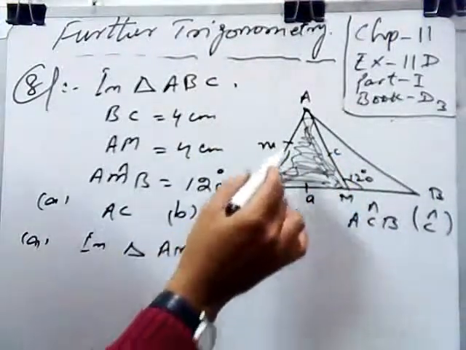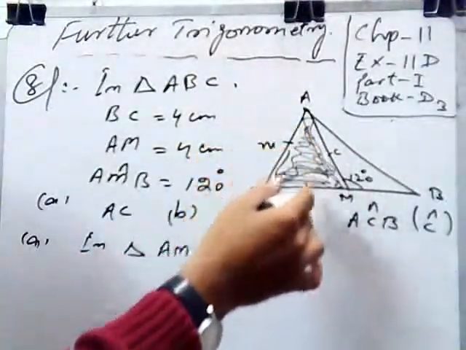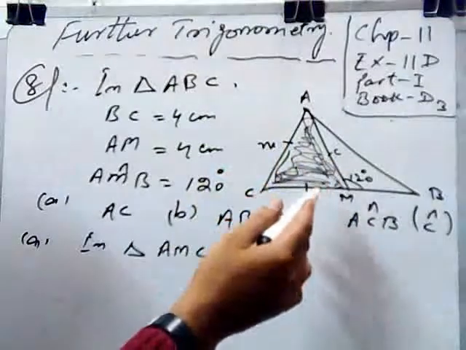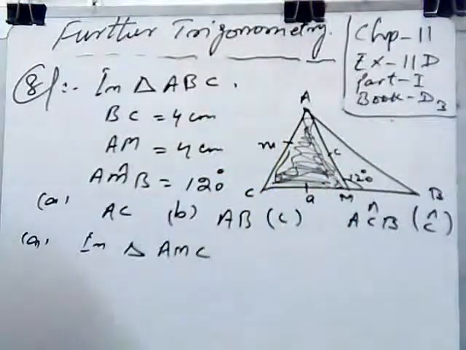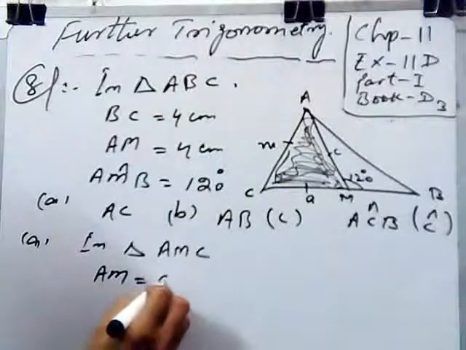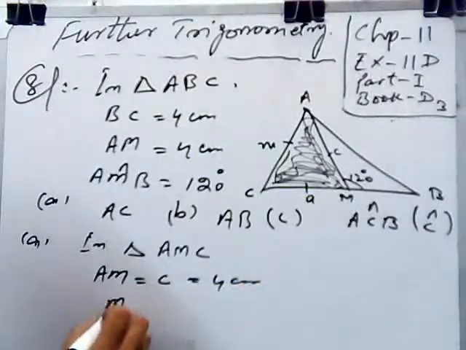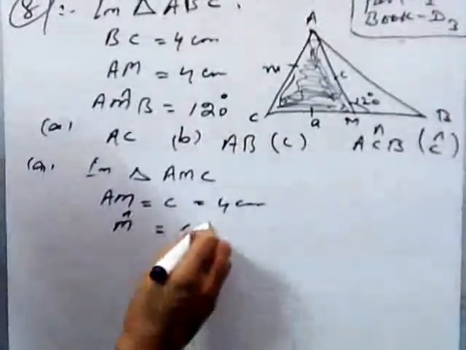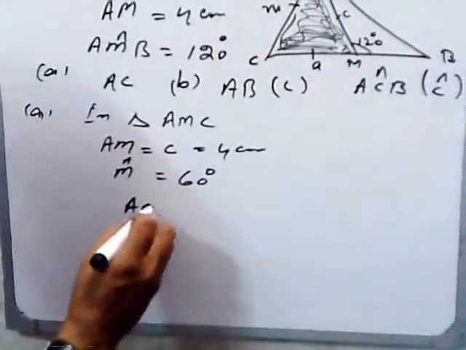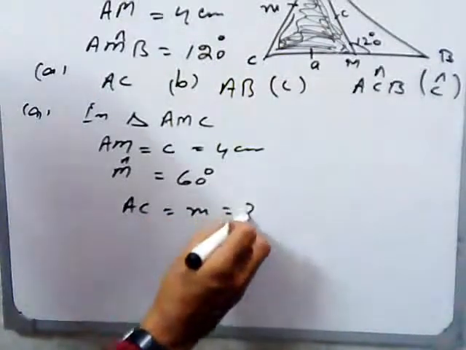So when we take angle AMC, the sides are small m, small c, small a. We have been given the value of AM, which is equal to c, 4 centimeters, and angle M is 60 degrees, and AC is actually small m, which we have to find.